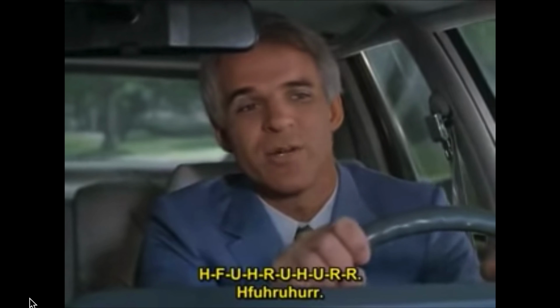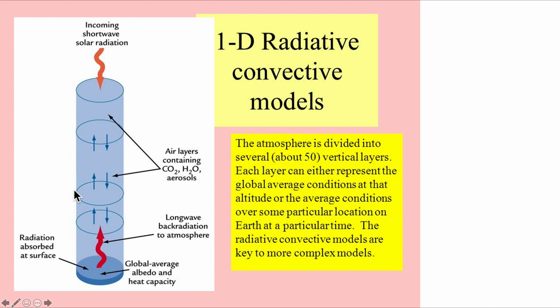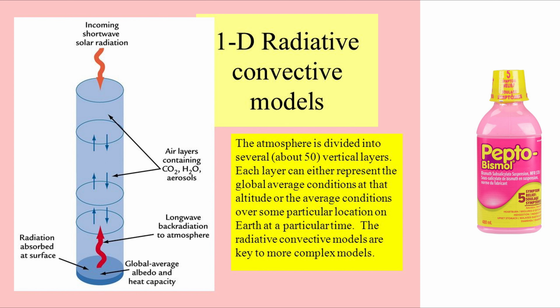So starting out in a simple scenario is how all models start out. This is what I would call kind of a tube model, a 1D radiative convection model. This is what the early researchers did back in the 1800s, 1896, when the first CO2 climate change paper started to come out. Here we have incoming shortwave solar radiation striking the top of the atmosphere.